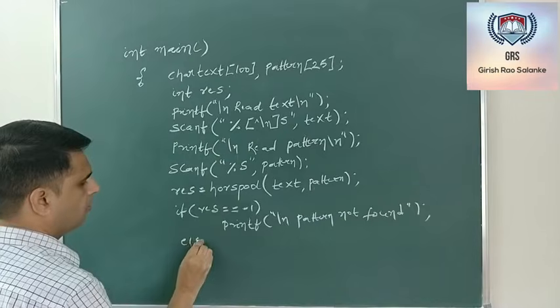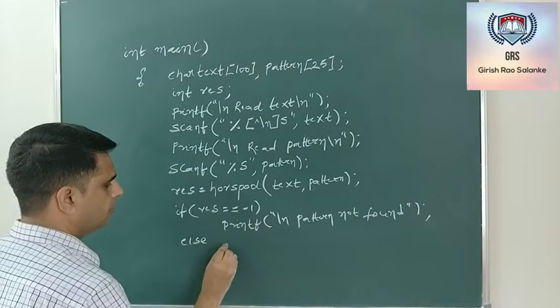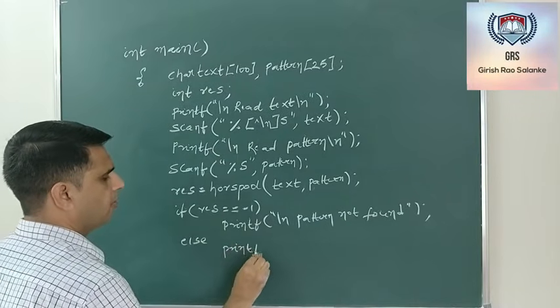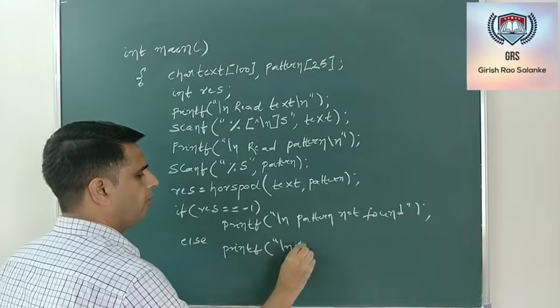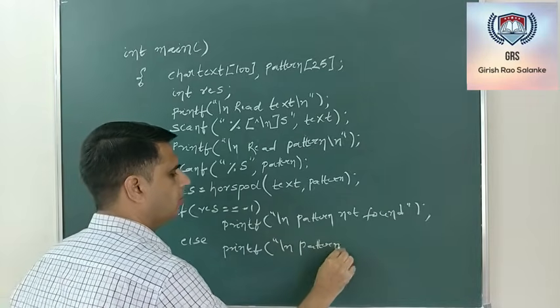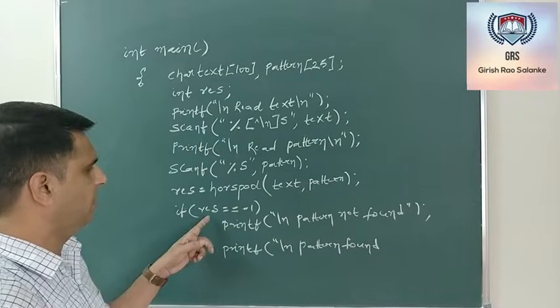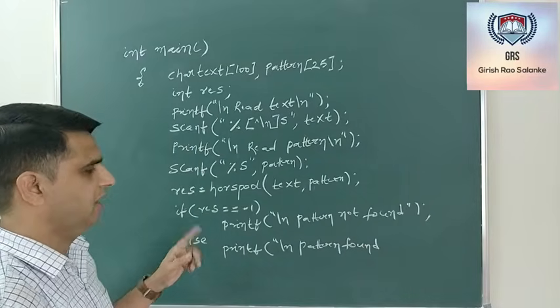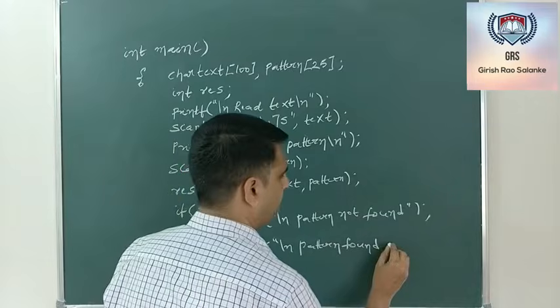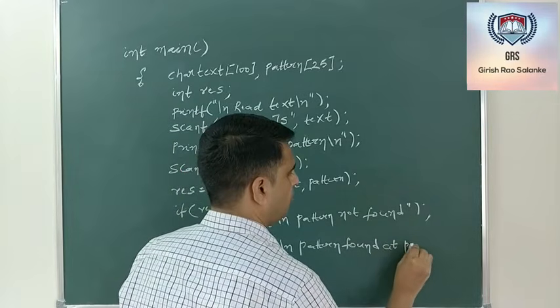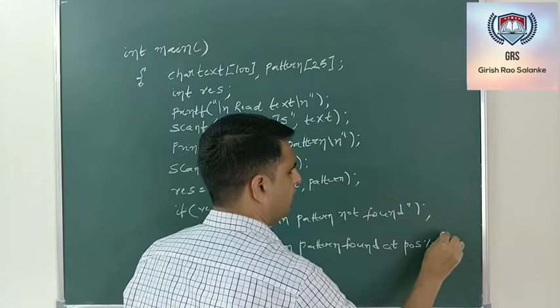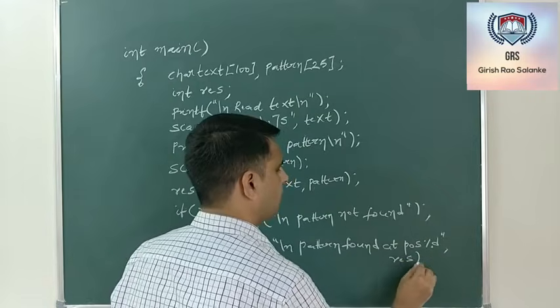Else printf pattern found. If you want to print the position, you can print the value of result: pattern found at position %d, which is nothing but result.